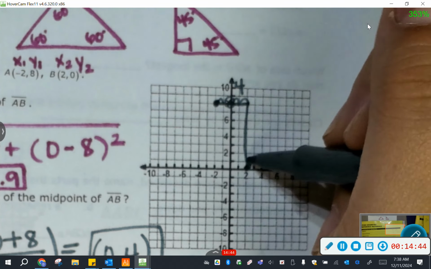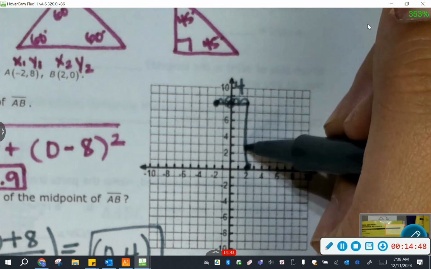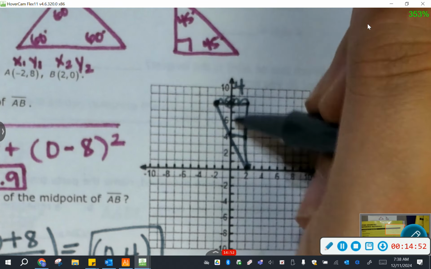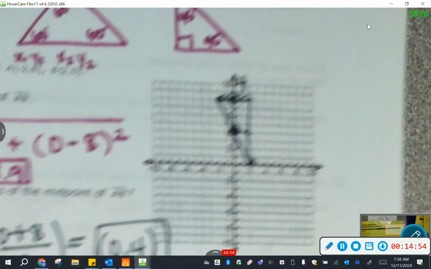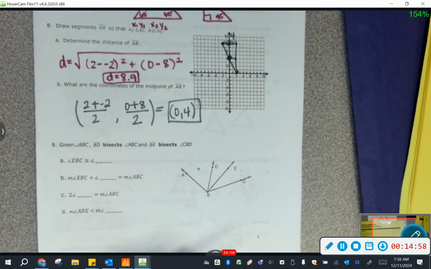And then this one is 8. What's half of 8? 4. 1, 2, 3. So the halfway would be 0, 4. Okay? Next question.